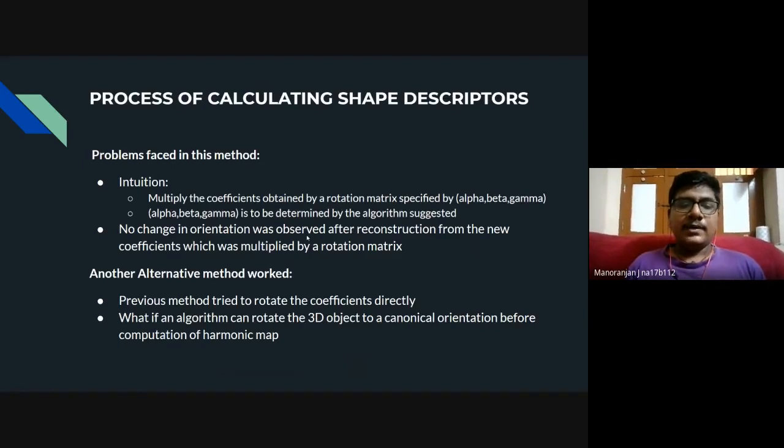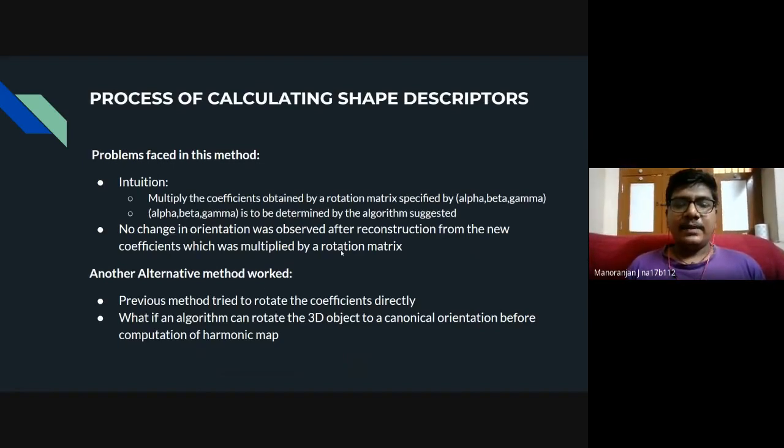But what we observed was that we were not able to see any changes. The problem arose when we experimented with this rotation matrix itself. When we give a particular alpha, beta, gamma, the orientation never seemed to change, and it was difficult to understand what was going on behind that algorithm.